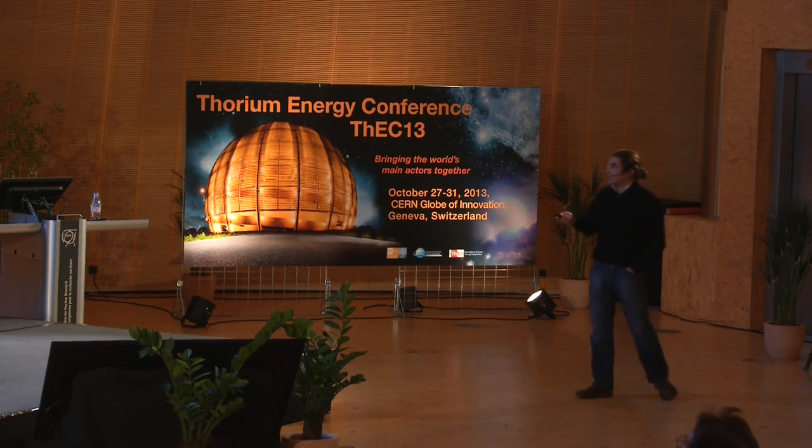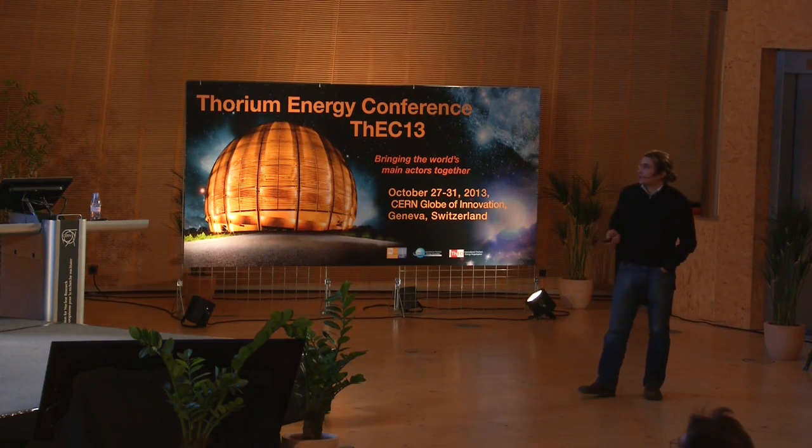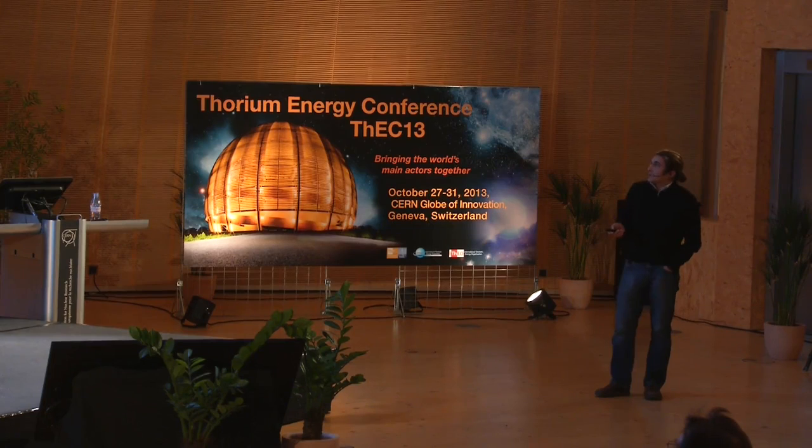I come to my second part, the MYRRHA accelerator concept. Just a short reminder of what MYRRHA is. It's a reactor which can be operated in a subcritical mode, producing between 50 and 100 thermal megawatts.